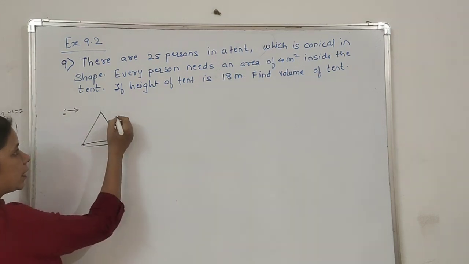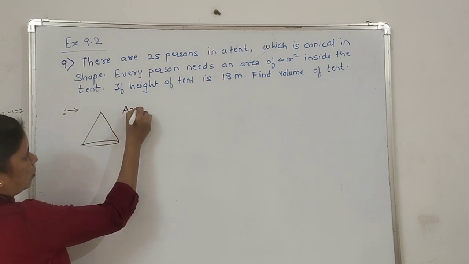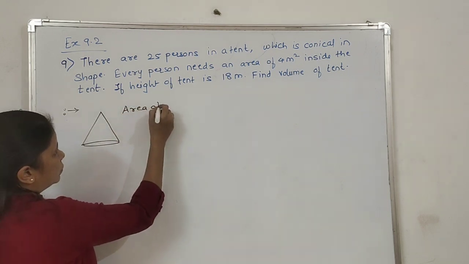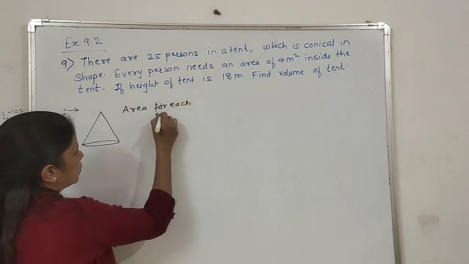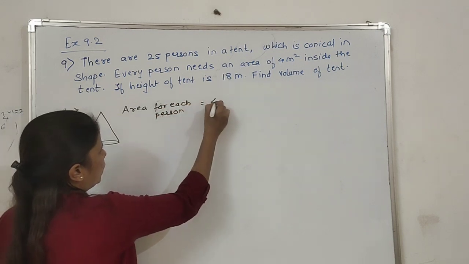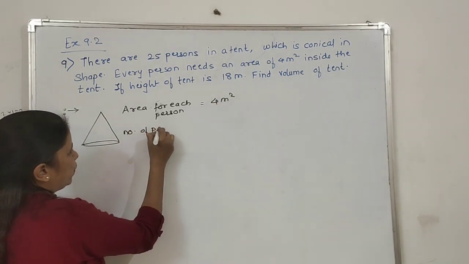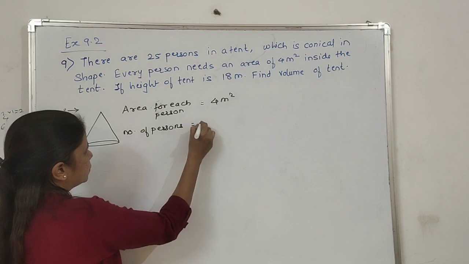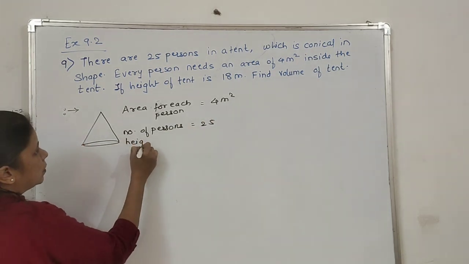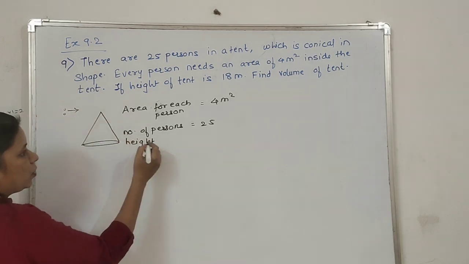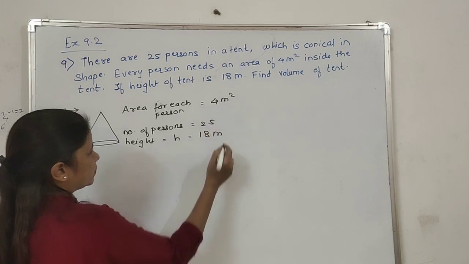So first we will write the given quantities. Area for each person is equal to 4 meter squares. Number of persons 25, and height, this is the perpendicular height of the cone, so that is given by h, 18 meter.